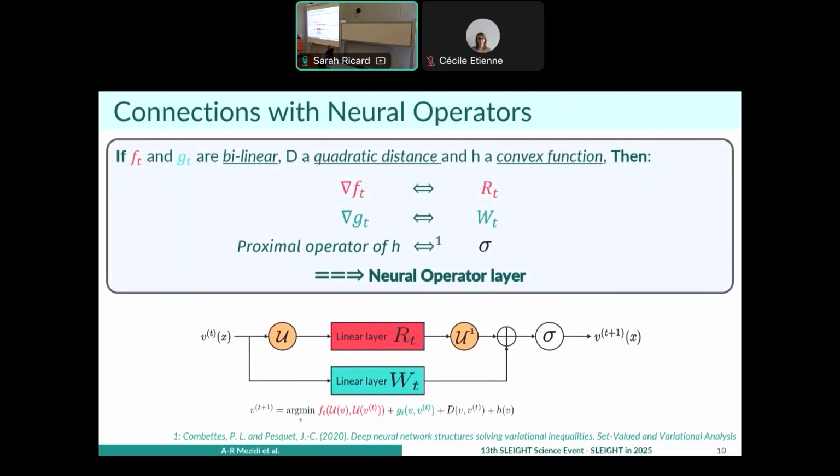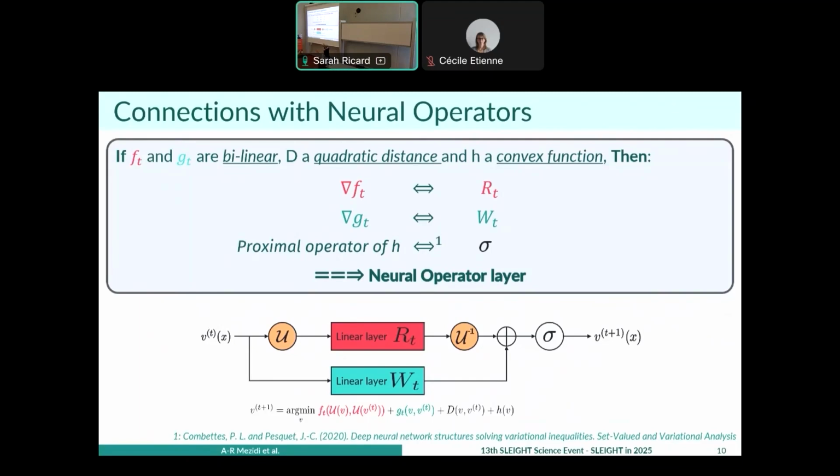The gradients of F_t and G_t will be equivalent to our linear layers R_t and W_t. And our activation operator will be equivalent to the proximal operator of H. The proximal operator is basically a generalization of a projection with an additional penalty. And with these equivalences, we are able to retrieve the neural operator architecture.